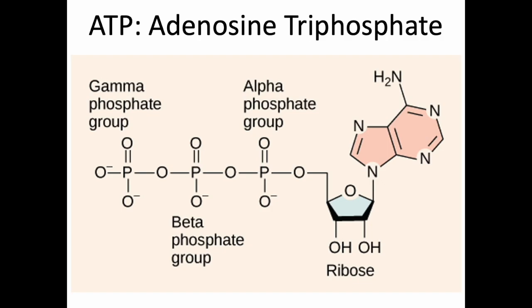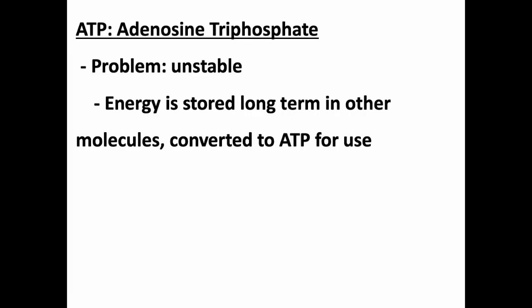So what we need to do as an organism, as a cell, as a living thing, is store our energy long-term in other molecules, things we've already brought up in previous chapters. Things like fats, triglycerides, things like carbohydrates, monosaccharides, disaccharides, polysaccharides.